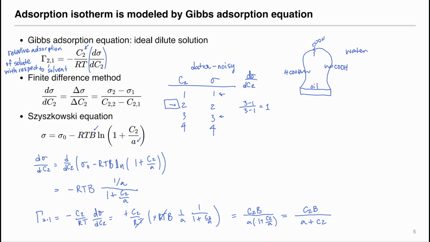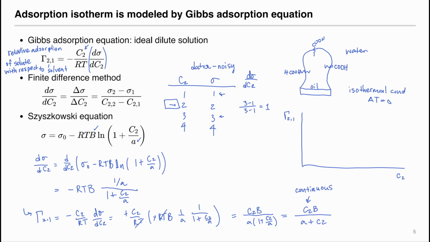And because this is a fitted equation, we already know A and B, then we can have a continuous range of C2 that we plug in, and we can get the relative adsorption. So in this lab, I'm looking for a graph with relative adsorption on the y-axis, and on the x-axis I want the concentration. And this is called the adsorption isotherm because we perform the experiment in isothermal conditions, so delta T equals 0.